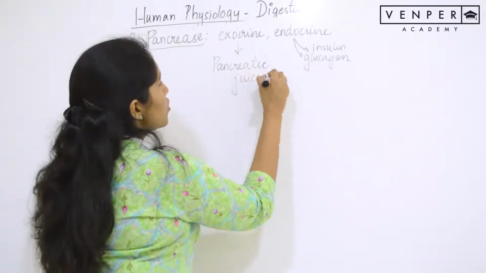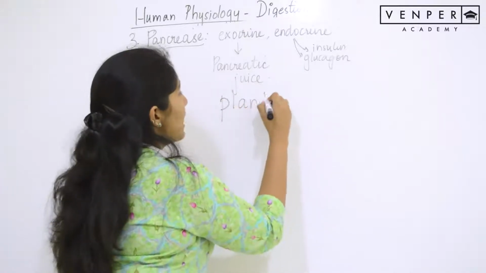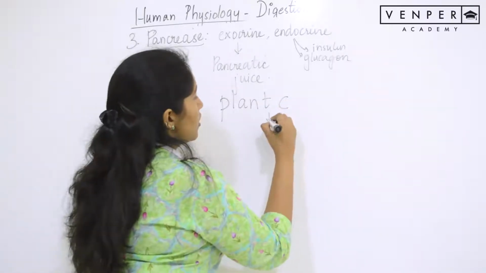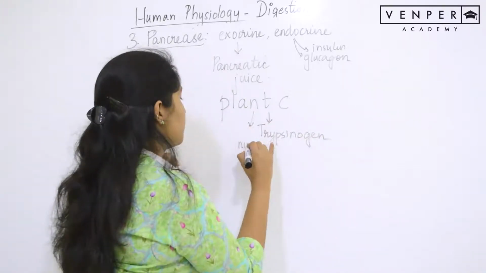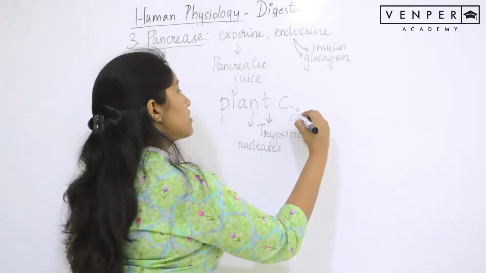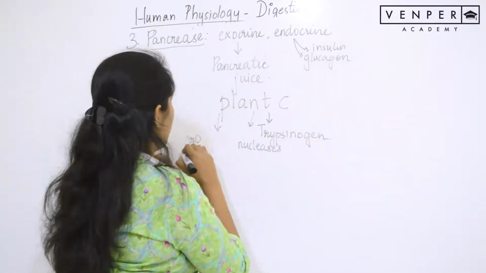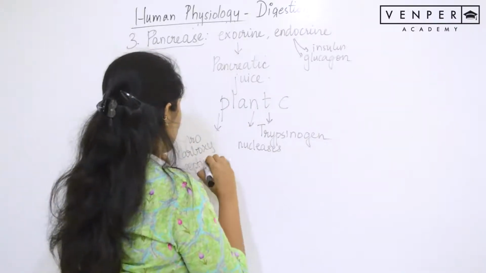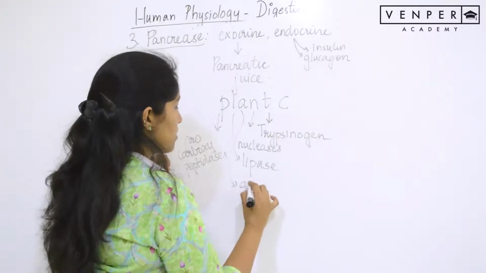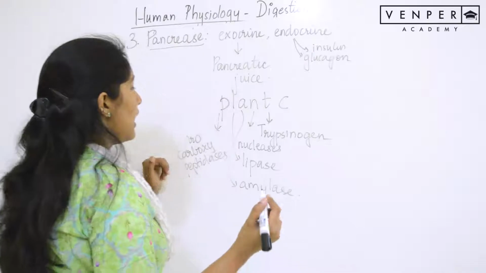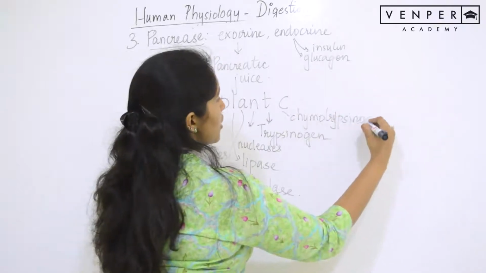pancreatic juice. So the pancreatic juice has some set of enzymes which can be remembered by a short word called plant, but with a C. So your T is trypsinogen, N is nucleases, C is carboxy, P is procarboxypeptidases, L is lipase, A is amylase, and finally C is your chymotrypsinogen.